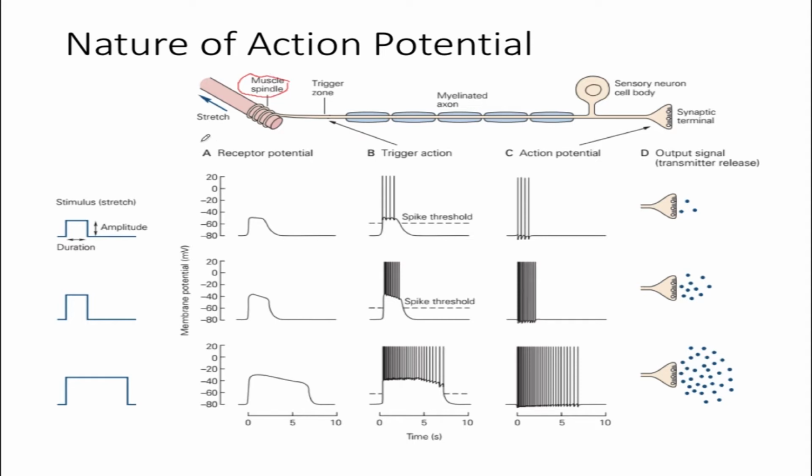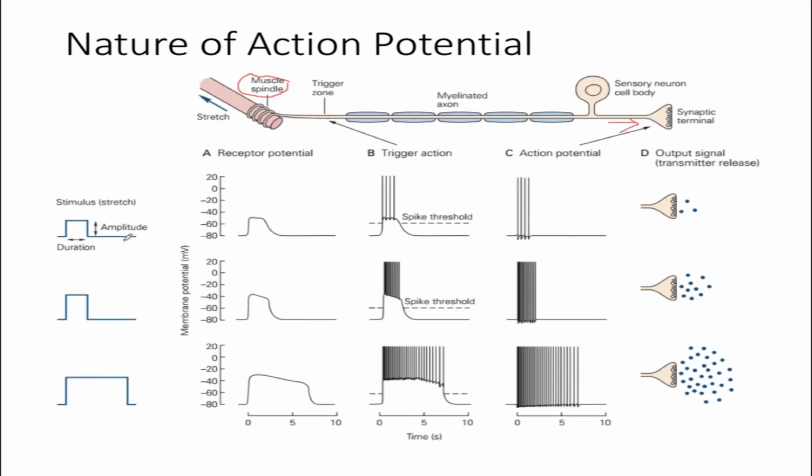Whenever we were giving a little bit of a hit, there is a stretching that is happening, and this tweaking of the muscle spindle is triggering the neuron, and that triggering is coming through the myelinated axon to the cell body, and from there further it is going to the synaptic terminals.